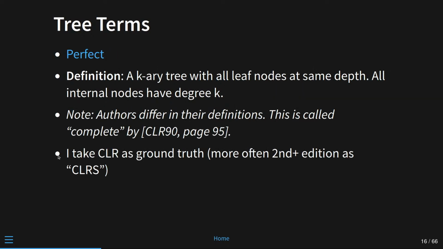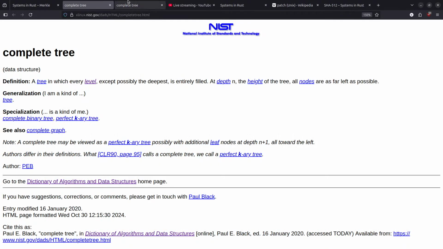Okay. And then we also have the perfect tree, which is a k-ary or n-ary tree, with all leaf nodes at the same depth. All internal nodes have degree k. And why am I showing you this? Well, there's no ground truth for what any of these names are.